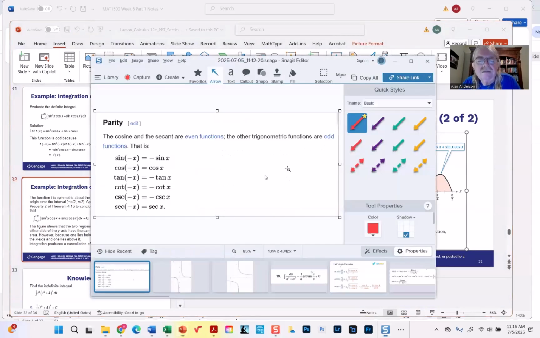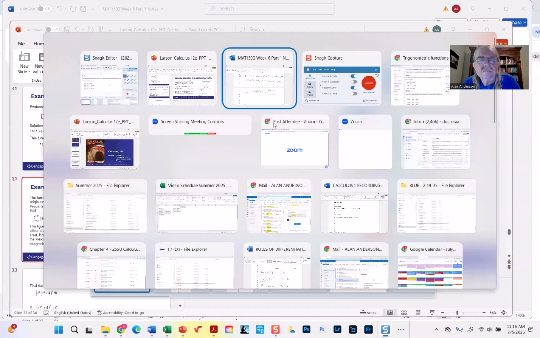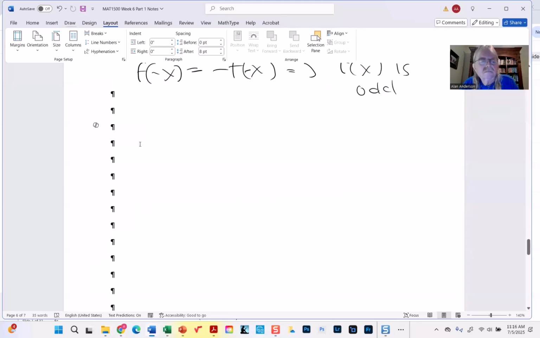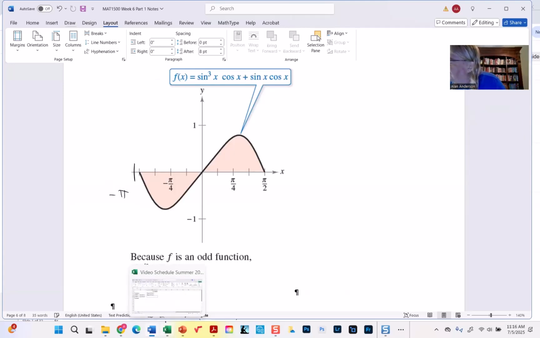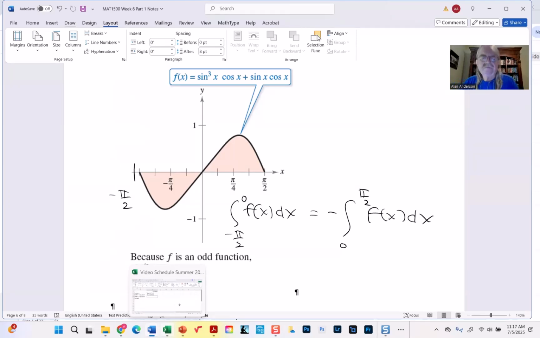So, it's a kind of interesting example. Because you notice how this is negative pi over 2. So everything from here equals the negative of what's going on here. So the total integral is 0.